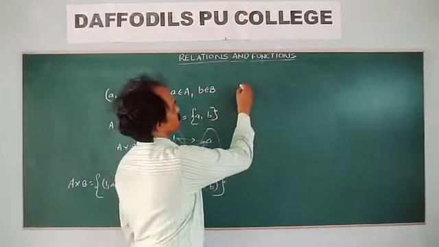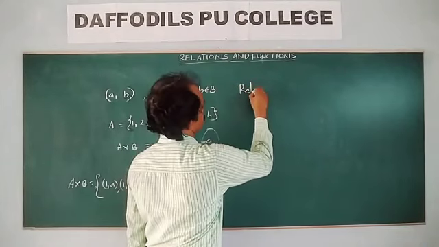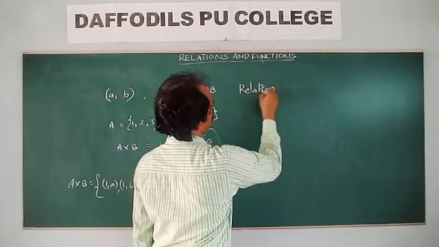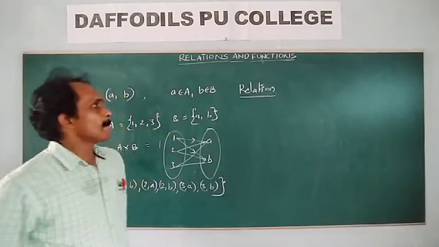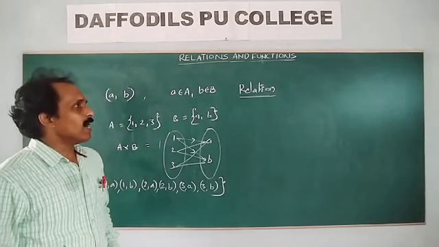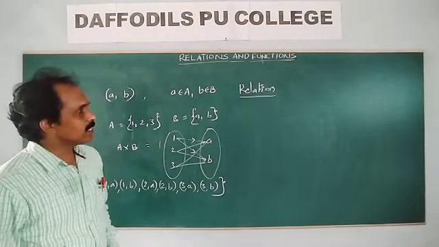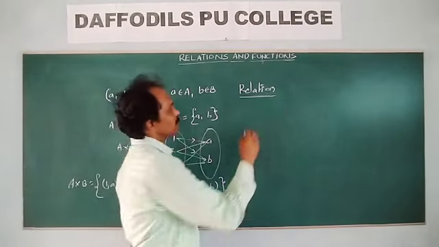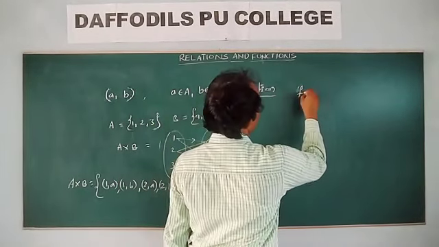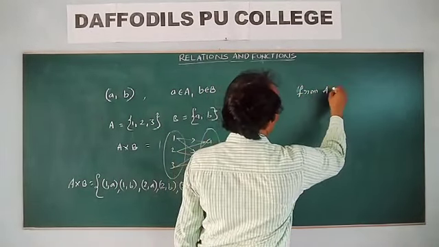Next, relation. What is meant by a relation? A relation R from A to B is a subset of A Cartesian B. Then R is called a relation.